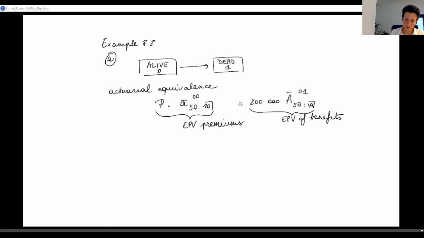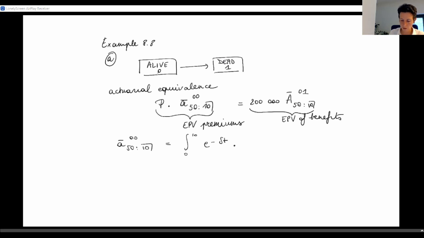Right. So then the only thing that matters is what can I do about this A bar 50, 10, 0, 1. And we learned that last week. So if we want to value such an annuity product, then we've got the discount factor, e to the power minus delta times t.